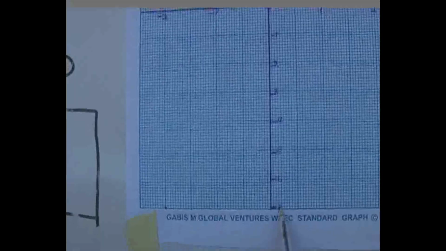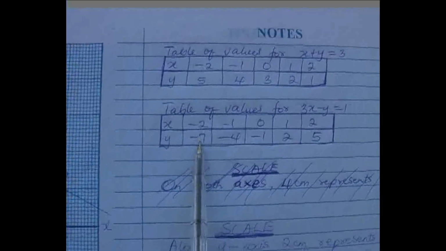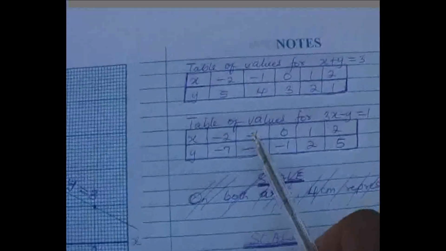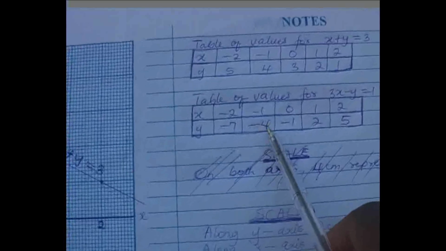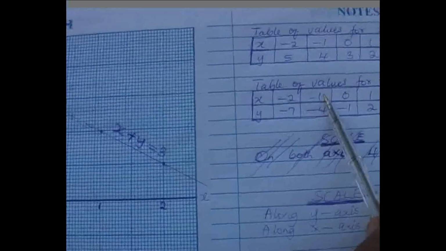You can see it. -7, value of y, and -2, value of x. The point of intersection of the two lines is here, and that was where we put our point. The next one, go to the table of values, -1 and -4. So look for -1, value of x.